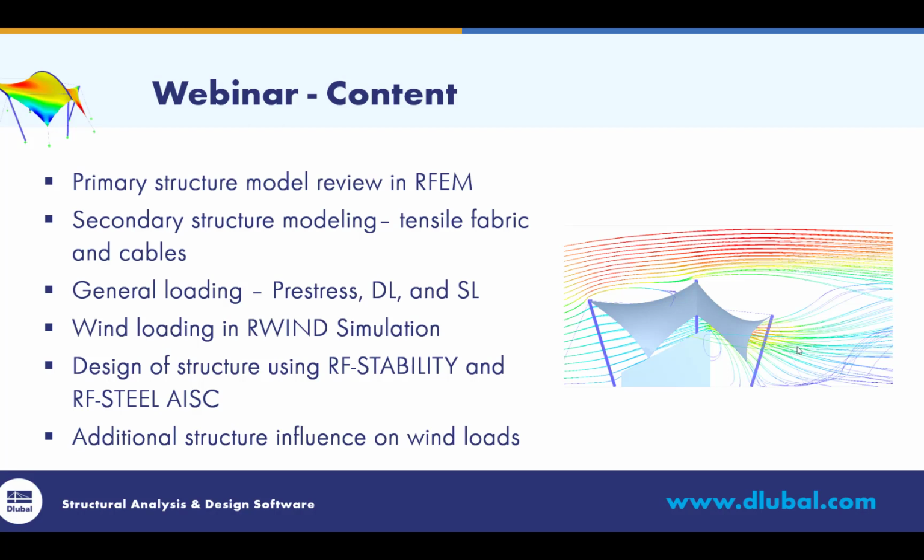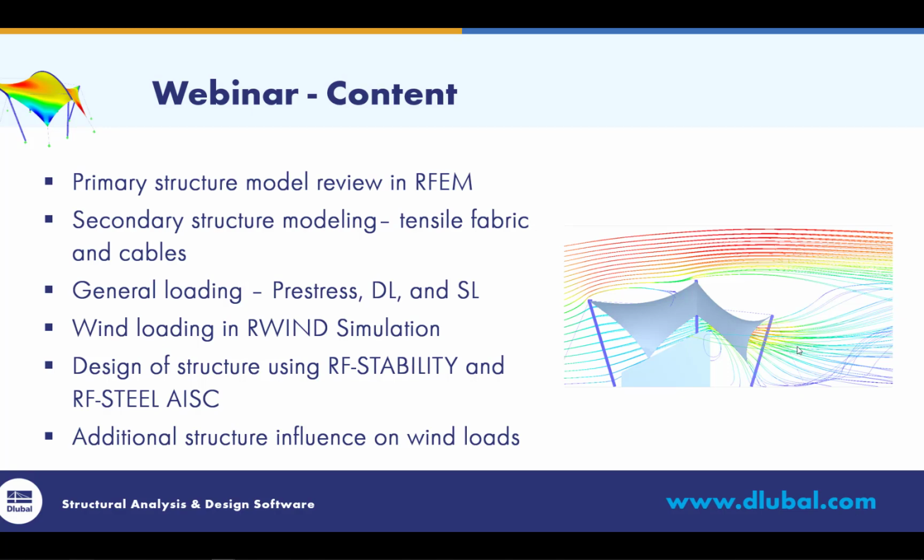We can bring these back into RFEM as loads, and then we can integrate them with the other load cases. From here, we can utilize some of our other add-on modules, such as RF-STABILITY and RF-STEEL AISC, to design the supporting structure. And finally, I want to take a look at the influence on wind loads when we're considering additional structures or additional bodies in addition to our tent type structure today.